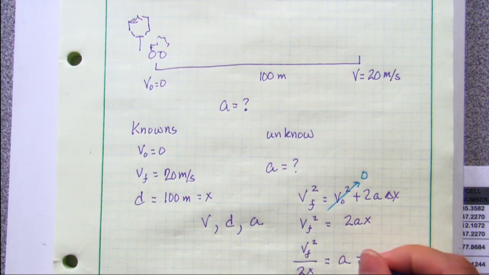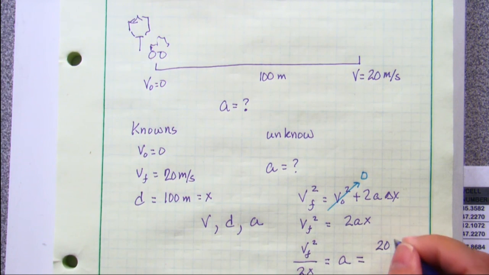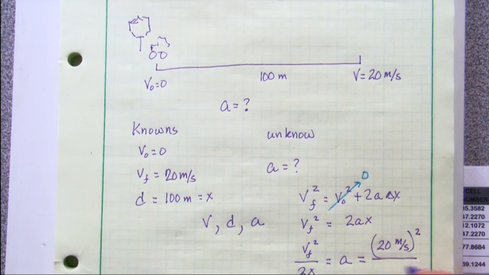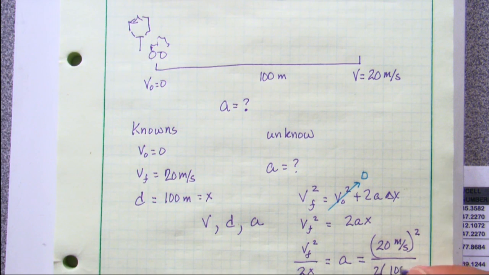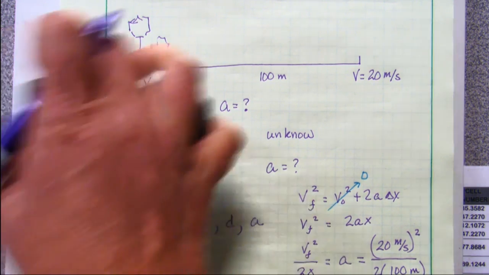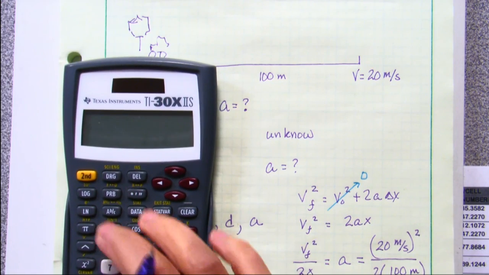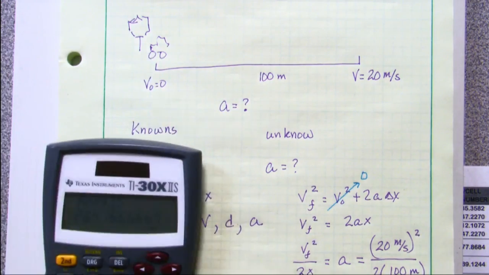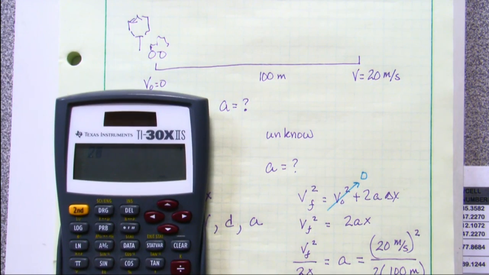So now I plug in the numbers. I get 20 meters per second, squared, divided by 2 times 100 meters. Plug that into my calculator. 20 squared divided by 200 gives me 2, and we can do our unit analysis.